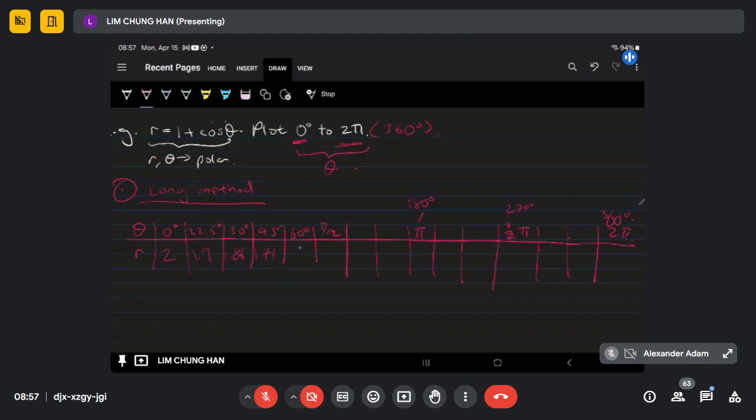So 60 degrees, how much? 1.5. Okay, 1.5, and 90 degrees, 1. After 90 degrees, what do we want to try? 90 plus 30 is 120. Okay, try 120.